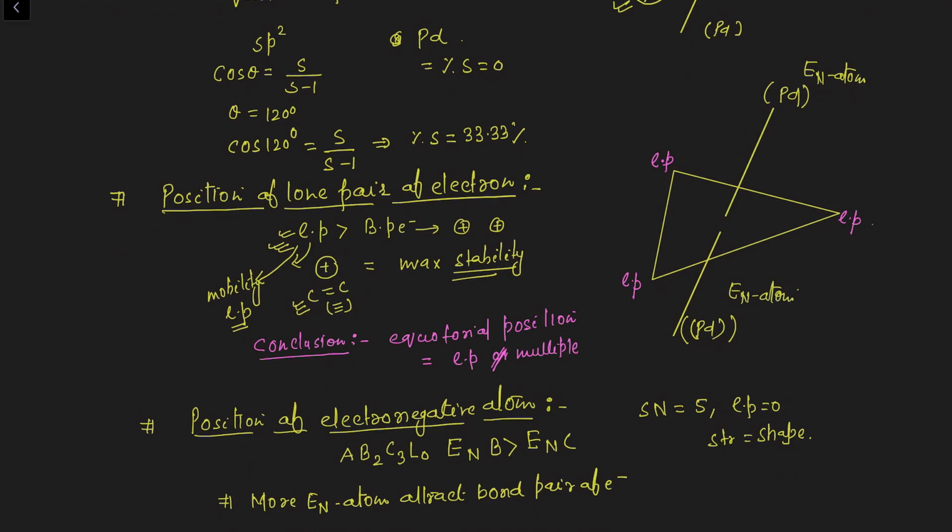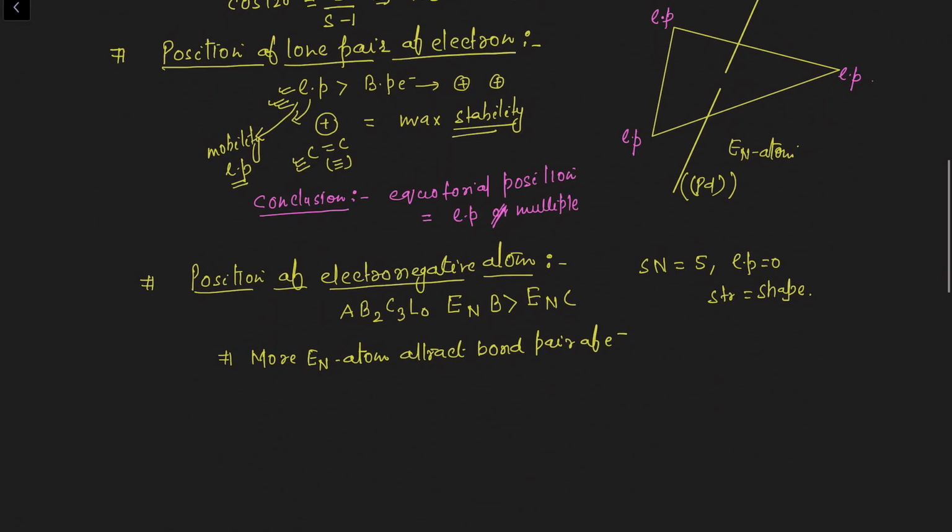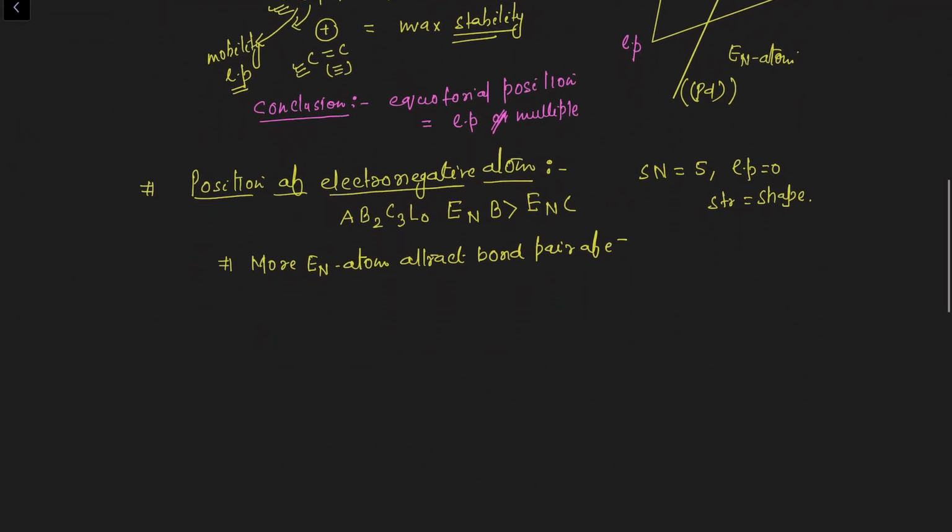So these were the two discussions regarding the position of the lone pair of electrons and the position of the electronegative atom. So now finally, what is the final conclusion?